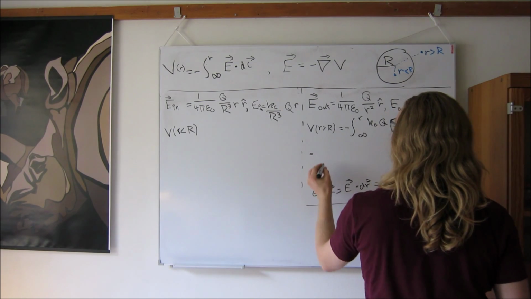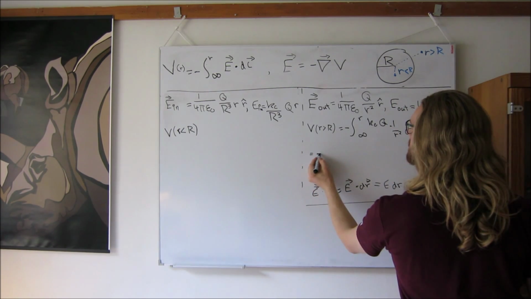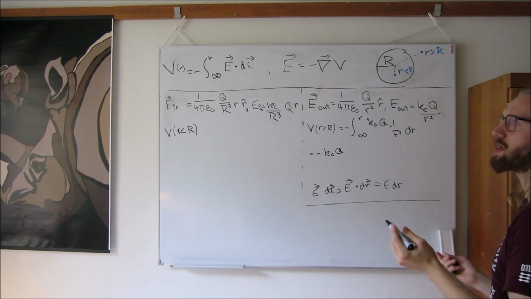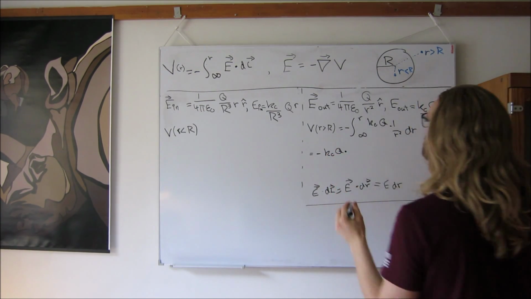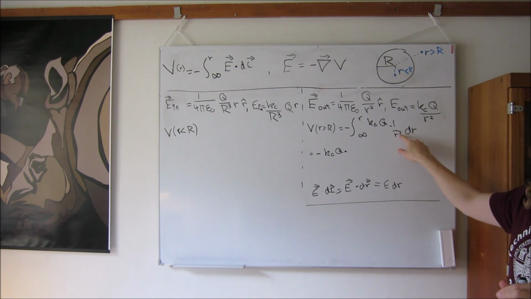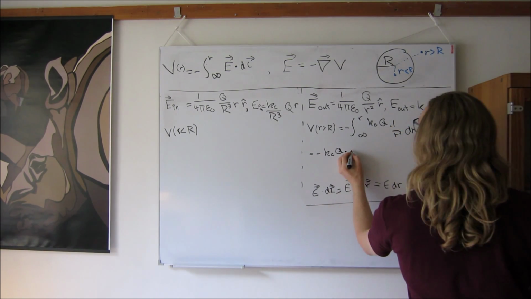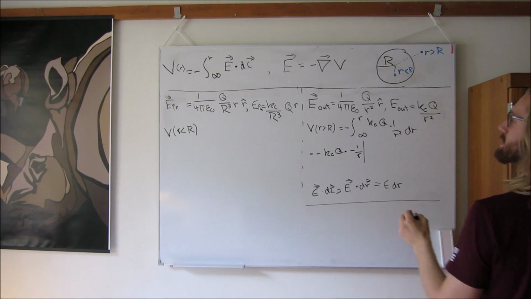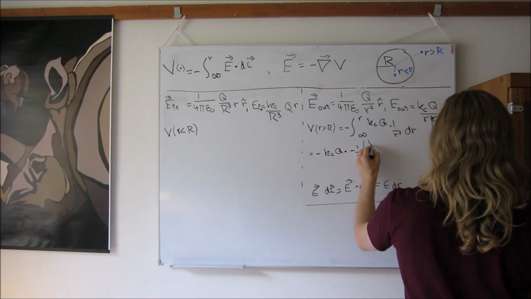The minus sign stays, the constants change nothing, and then you find the antiderivative of 1 over r squared, which is minus 1 over r, evaluated at infinity and at r.